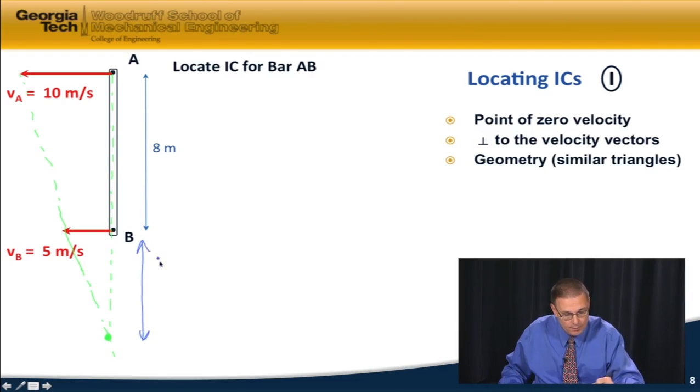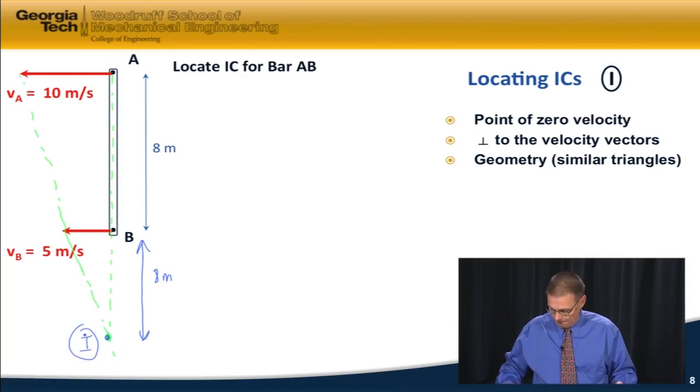Because by similar triangles, I'm going to have 0 velocity down here. As I go up, I'd have 1, 2, 3, 4, 5, 6, 7, 8, 9, 10. So 8 is to 5 as 16 is to 10, and this is the location, as I said, of the IC.